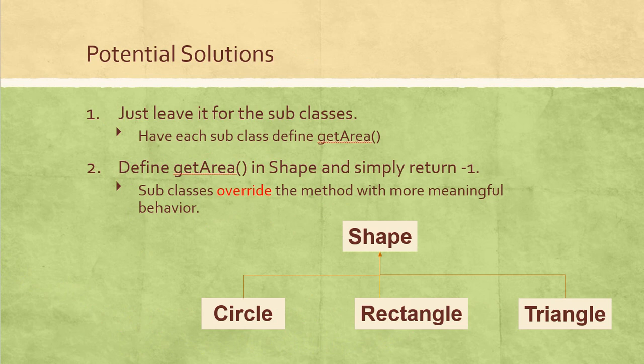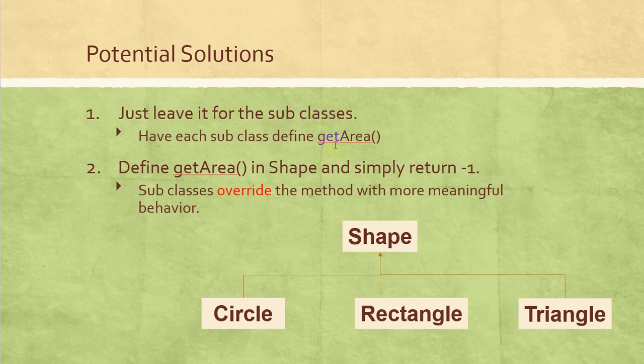What we do is just leave it for the subclasses. We'll be using the concept of inheritance while discussing abstract classes and abstract methods. We do not define any functionality of the method we saw in the previous slide, which was to find the area, and we leave the functionality for the subclasses to define as per their requirements.